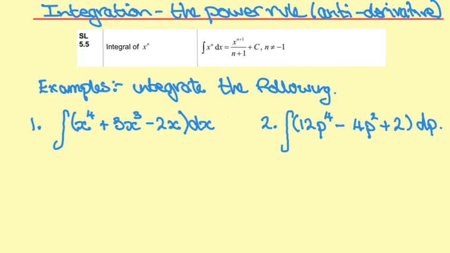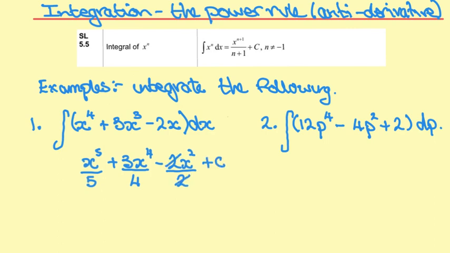So add 1 to the power, so it becomes x to the power of 5 divided by 5 plus 3x to the power of 4 divided by 4 minus 2x squared divided by 2 plus c.